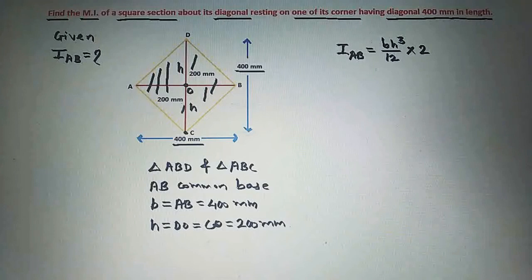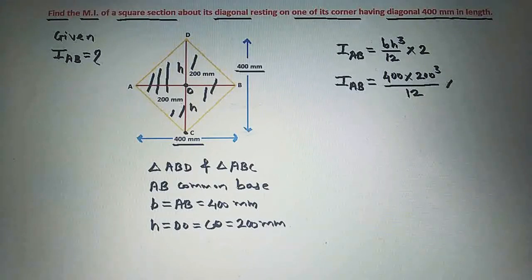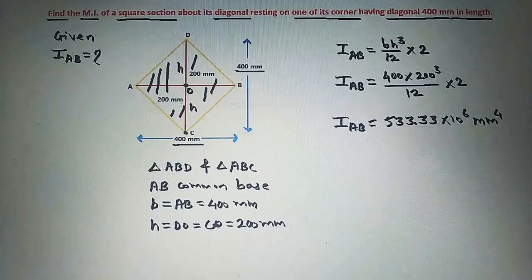Now if we put the values of b and h, then IAB is equal to b, 400, into h, 200 cube, divided by 12, into 2, and if we calculate this, then we will get the answer of IAB as 533.33 into 10 raised to 6, and the unit of moment of inertia will be mm raised to 4.